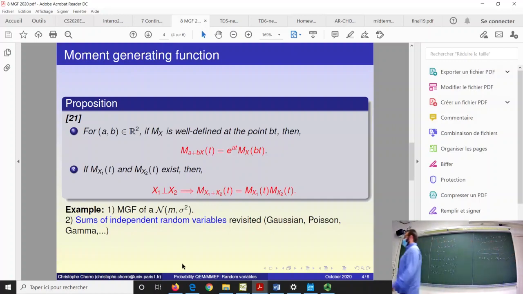Okay? So I recover here, in fact, very basically, with few lines, the fact that the sum of two independent Gaussian random variables is still a Gaussian random variable with a mean that is the sum of the means and the variance that is the sum of the variances.